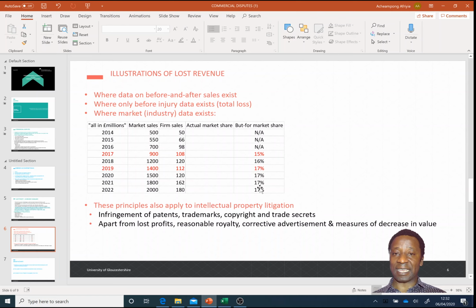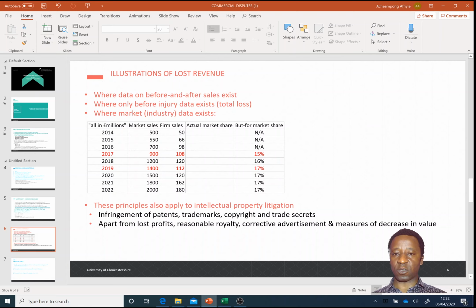But what we're saying is it all depends on the facts. Certainly, we can see there probably has been an impact, and we have to look at the full facts to see if indeed, but for the breach, the market share would have been theirs. So I hope that gives you an idea.